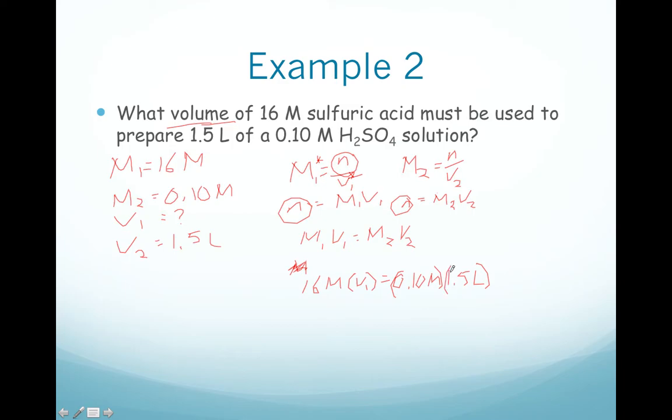So if I take 0.1 times 1.5, I'm going to get 0.15 on this side. And I would have molar liters for my unit. On the other side, I still have 16 molar times V1.